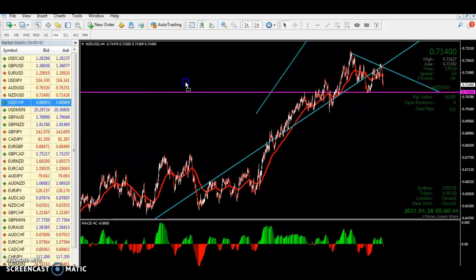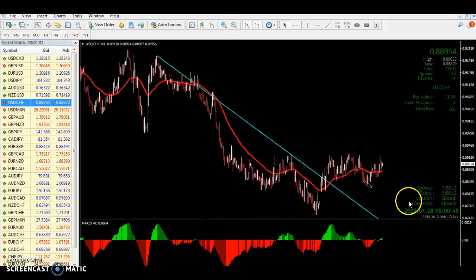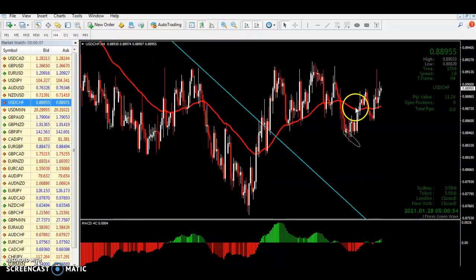Okay, USD CHF. On USD CHF, the market did break out. We were right here on Sunday. You see a little circle. We were right there. Now, the market went up from that point.